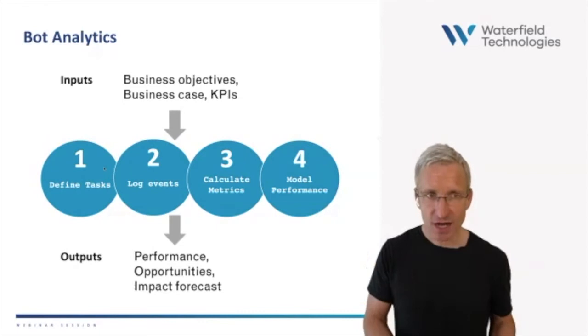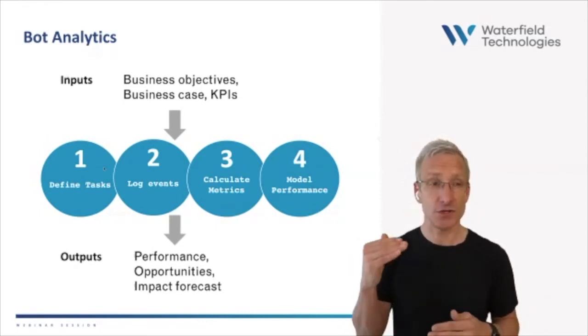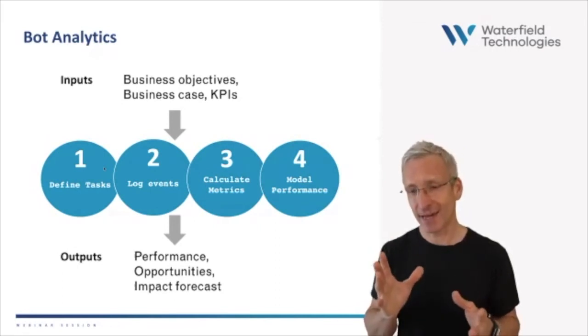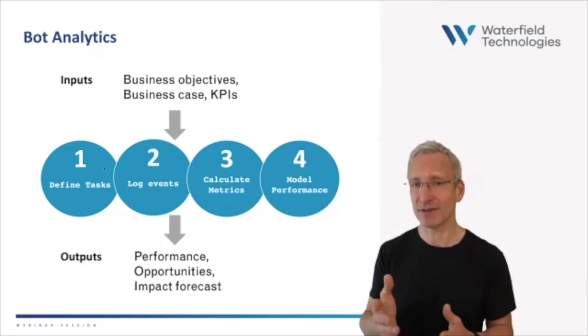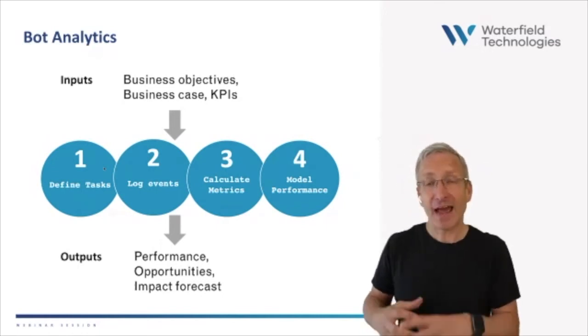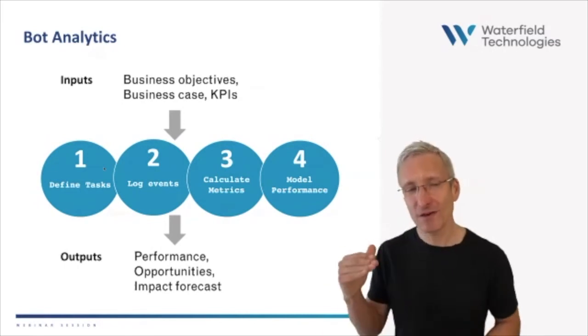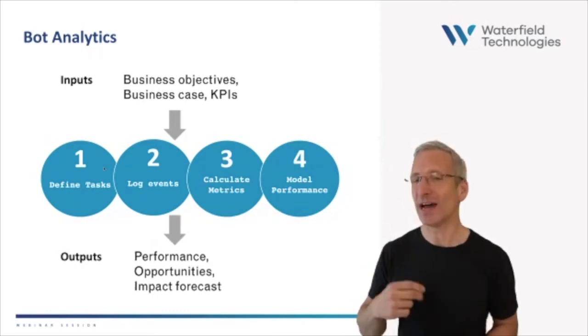So once you define your tasks and you're logging the right events, then of course you need to calculate metrics. So using those events, counting them up to see how many people attempted each task and how many were successful, failure, or flow complete. And then model the performance, attribute a value to each of those outcomes and add up the benefit. And then of course use that model to do that what if analysis.